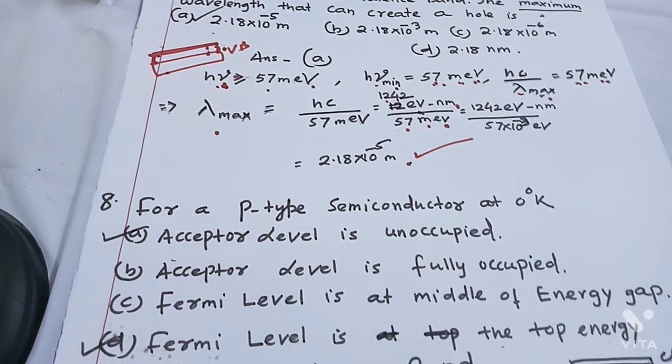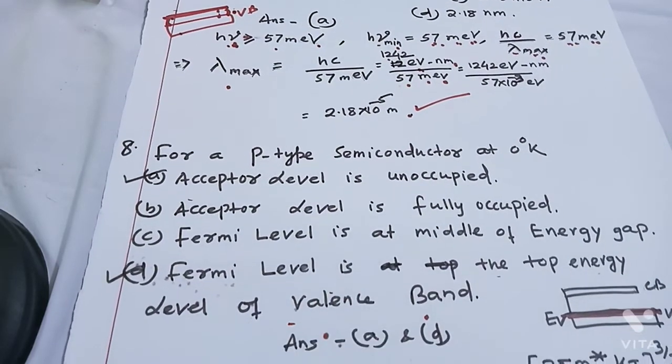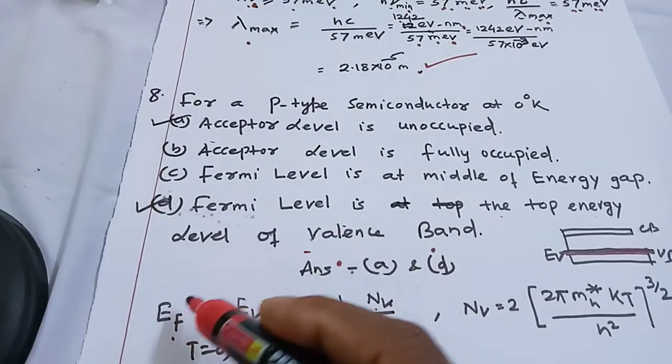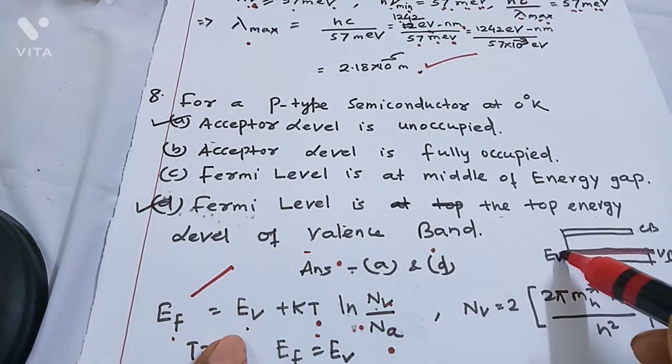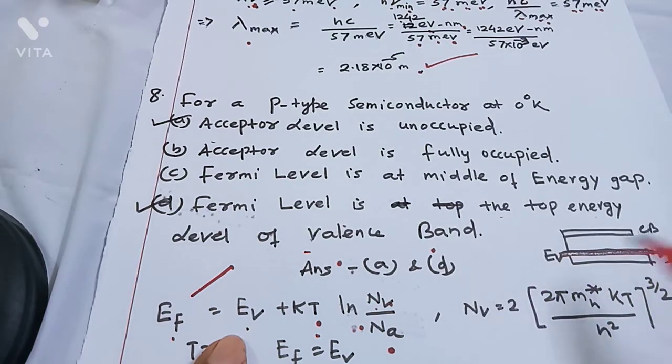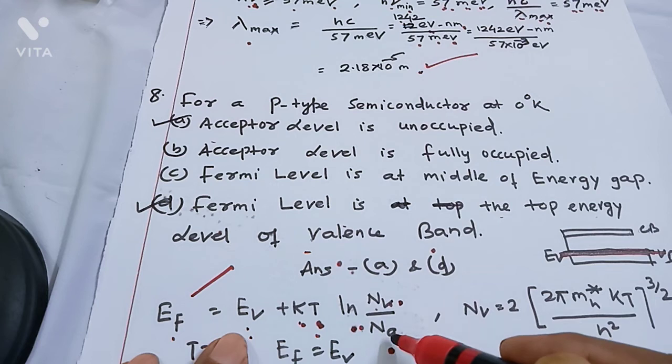And about the Fermi energy level, what happens? We know the expression for Fermi energy level EF equals EV, where EV is the topmost energy level of valence band, plus kT, where k is Boltzmann constant and T is absolute temperature, times ln of NV by NA.